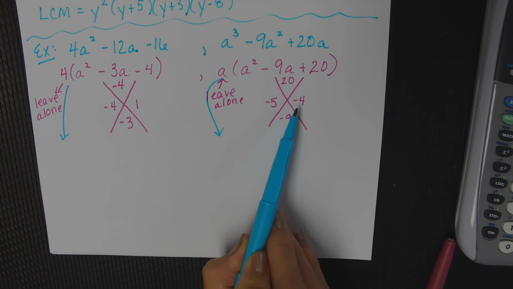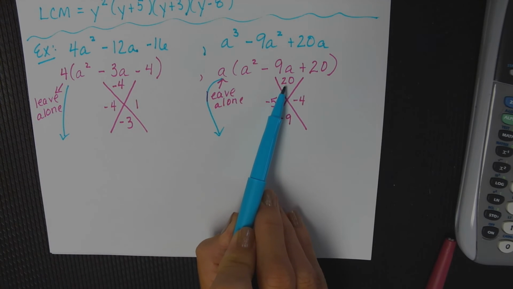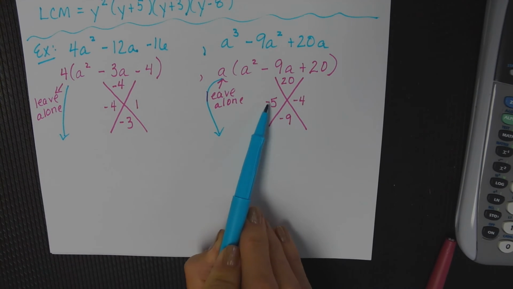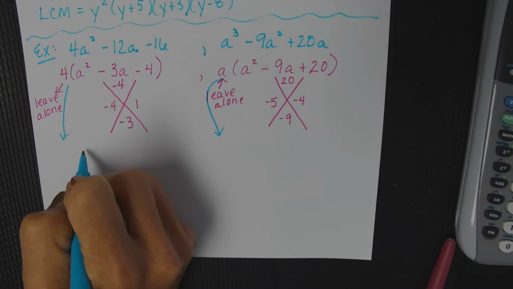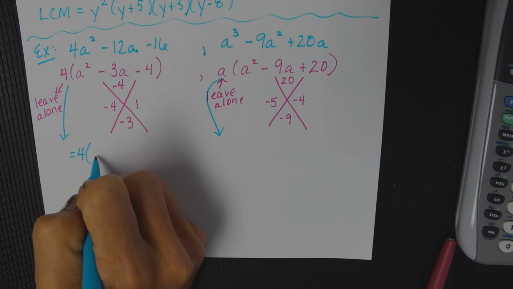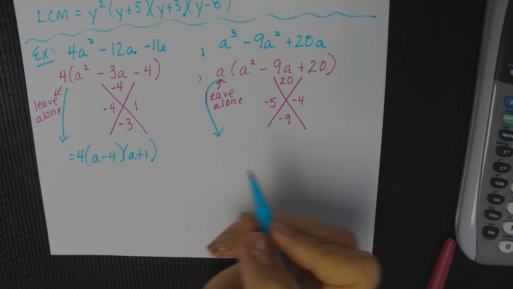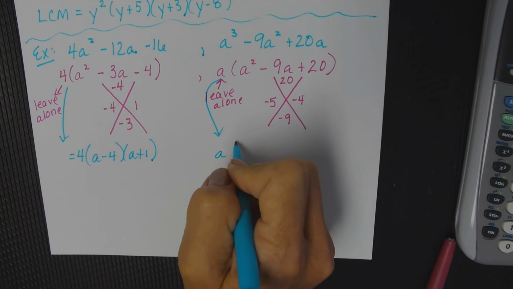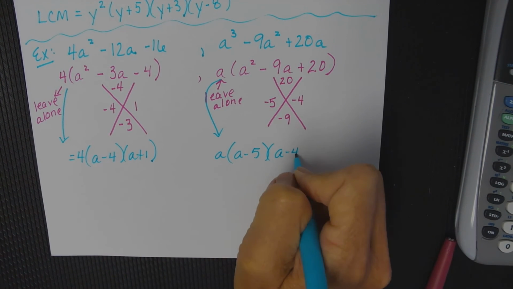You have -5 and -4. You remember that? -4 and -4 is positive 20. Those two add up to -9. So let's write down our factors. So we have 4, a minus 4, a plus 1. And then over here we have a minus 5, a minus 4.